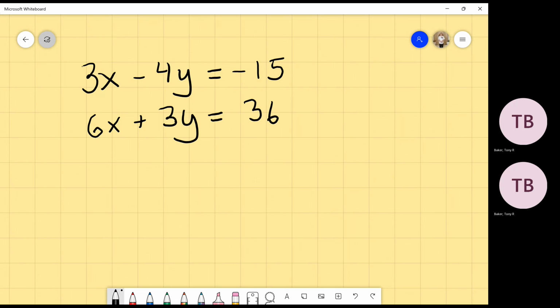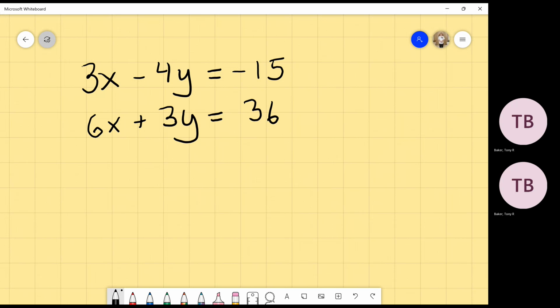So this problem. Which letter do we want to get rid of? And why? Okay, so we're going to get rid of the x, but not the way that you just said it.